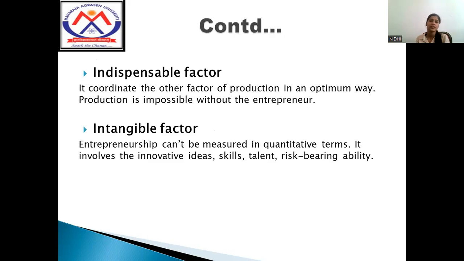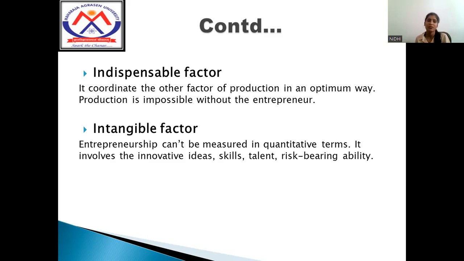Next is the indispensable factor. It coordinates the other factors of production in an optimum way, and production is completely impossible without the entrepreneur, because the entrepreneur is the person who combines all the resources. The entrepreneur creates the plan: what should be produced, how much quantity should be produced, from where the raw material should be acquired, and how to minimize the cost of the product.